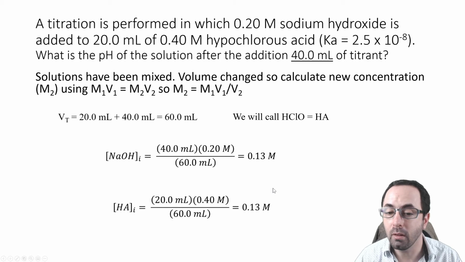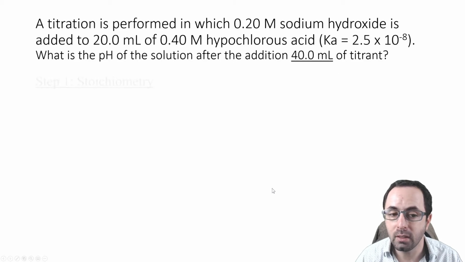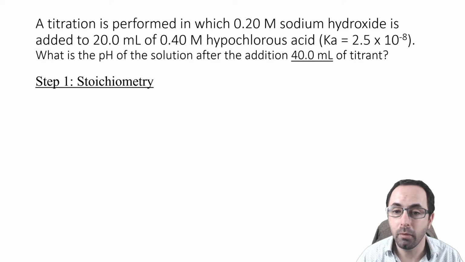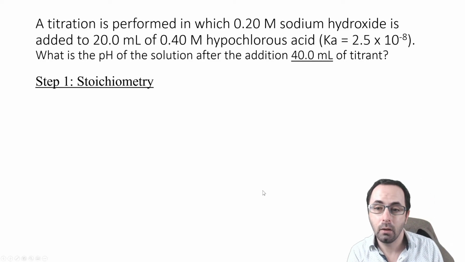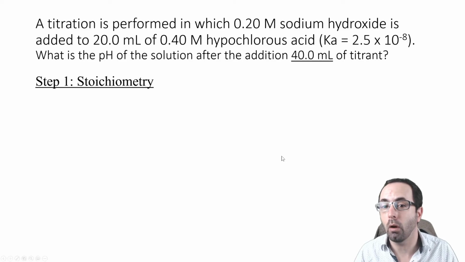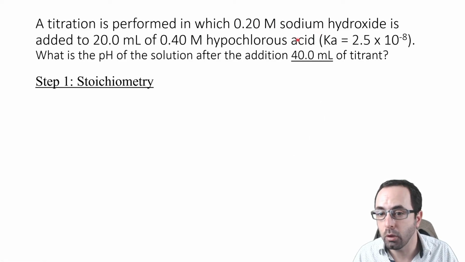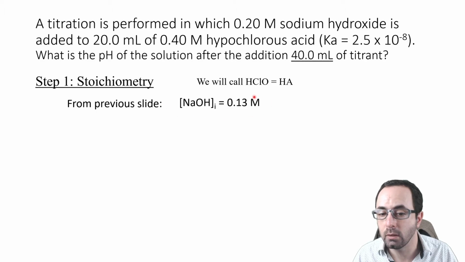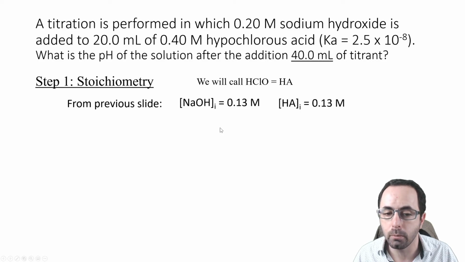So now let's move on to step 1, stoichiometry. Same equation as before. We have the acid neutralizing with the base. So our reactants are the hypochlorous acid and the sodium hydroxide that we added to it. Reminder from the last slide, sodium hydroxide concentration 0.13 molar, weak acid concentration 0.13 molar.